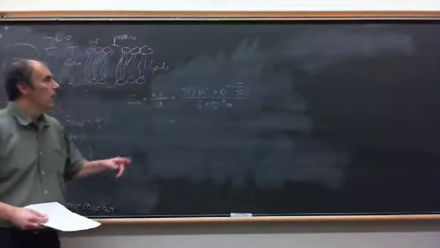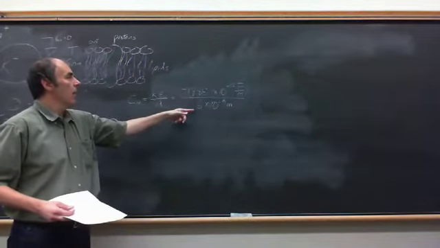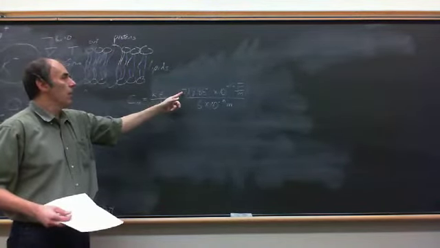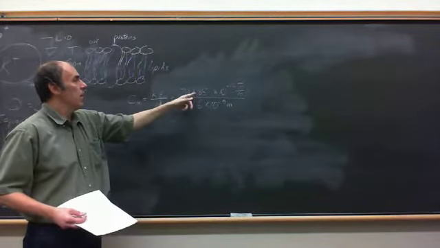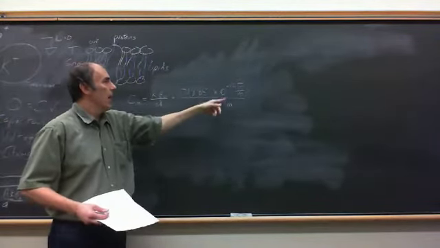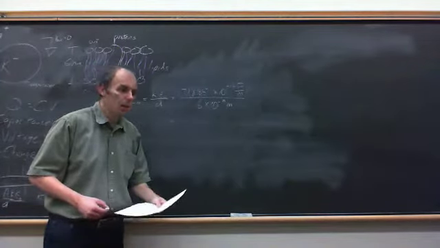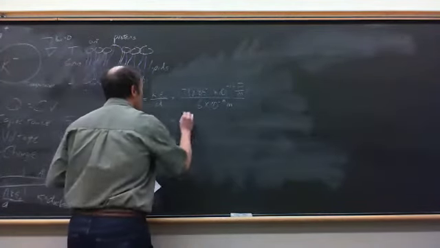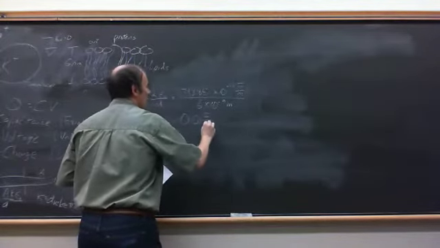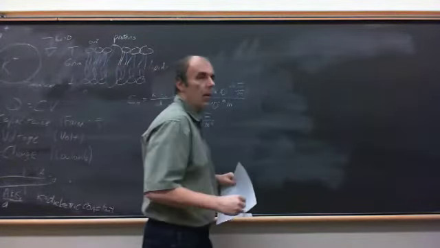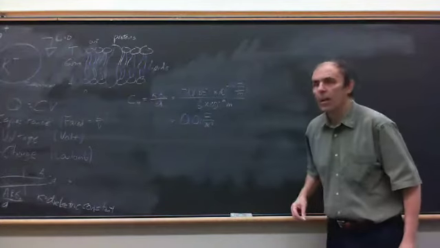Okay, well, the 6 and the 7 can almost cancel, so it's a little bit bigger than 1. Roughly that times 8 is about 10 times 10 to the minus 3. So you're going to get approximately 10 to the minus 2, or 0.01 farads per meter squared as your capacitance.